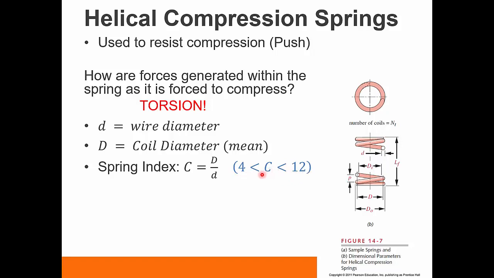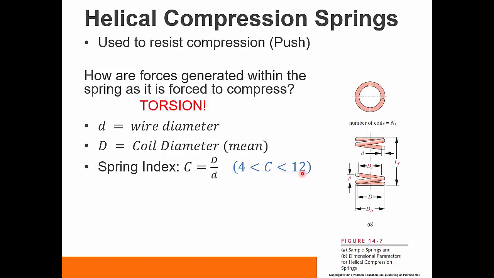As the spring index gets small, below 4, the wire diameter is very large compared to the coil diameter, and so the shaft we wrap around will not be any stronger than the wire itself. This is really hard to manufacture, and it has a tendency to break the shaft if you have a spring index less than 4.